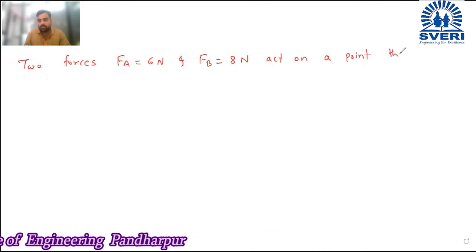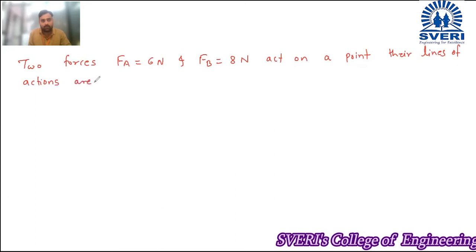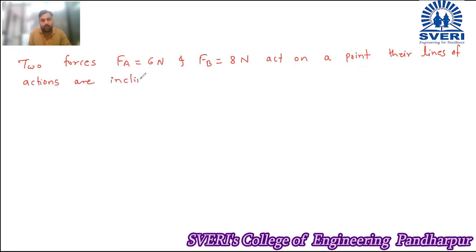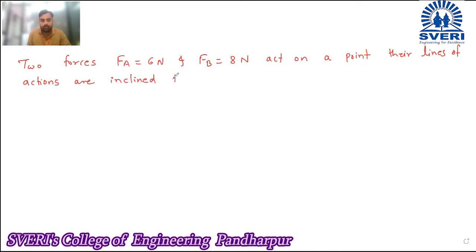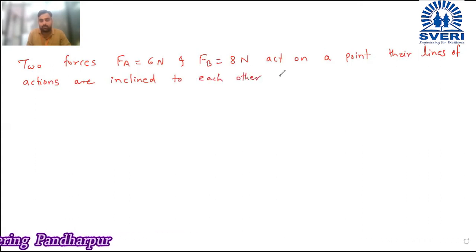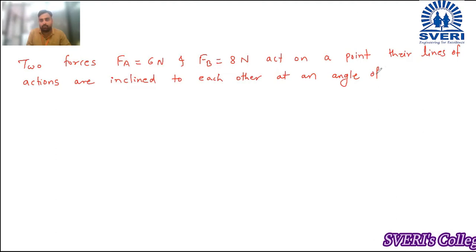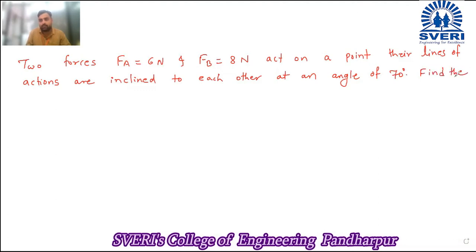Their lines of action are inclined to each other at an angle of 70 degrees. Find the resultant.